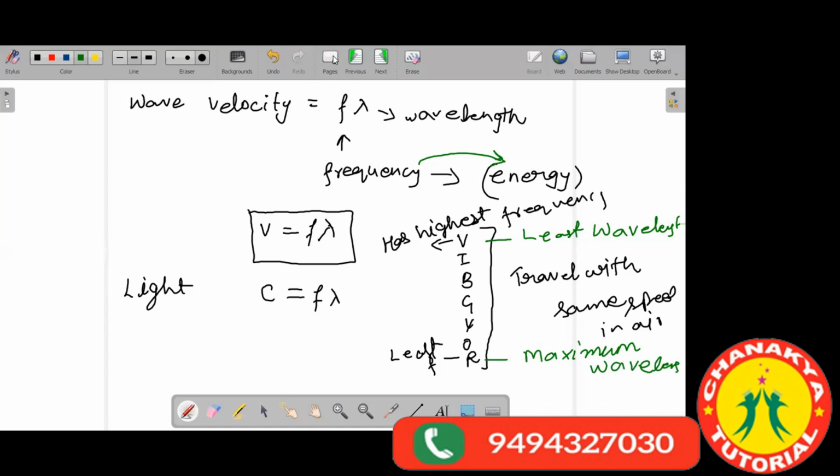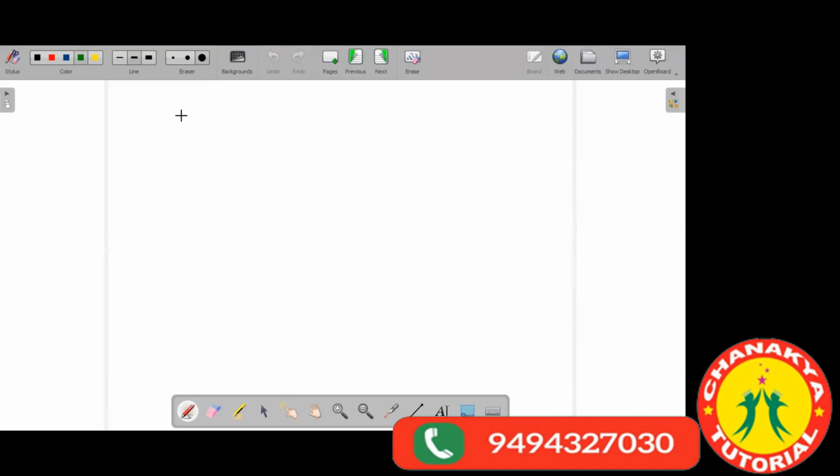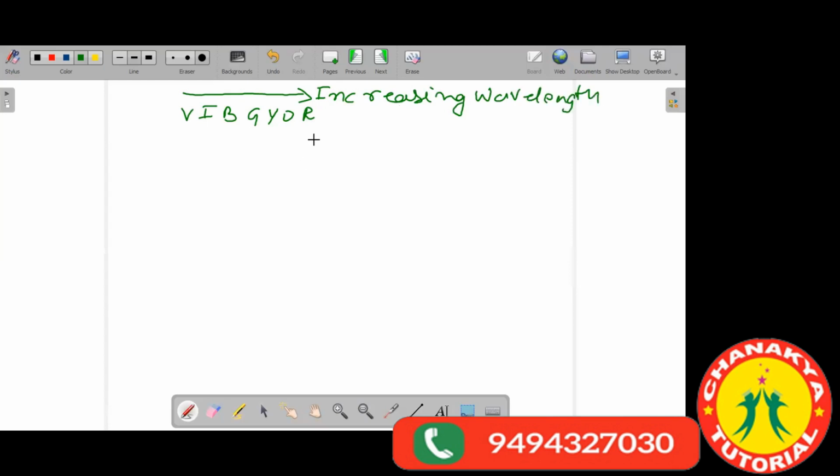Got it now? So just remember that our VIBGYOR is arranged in the order of increasing wavelength and in the order of decreasing frequency.